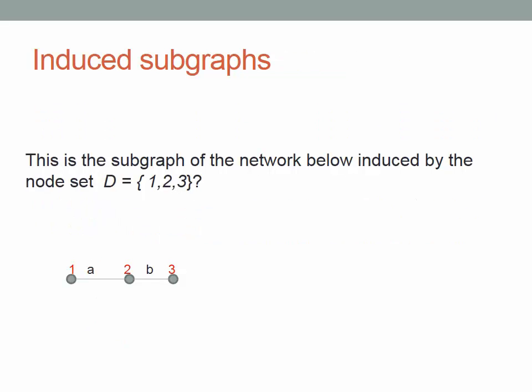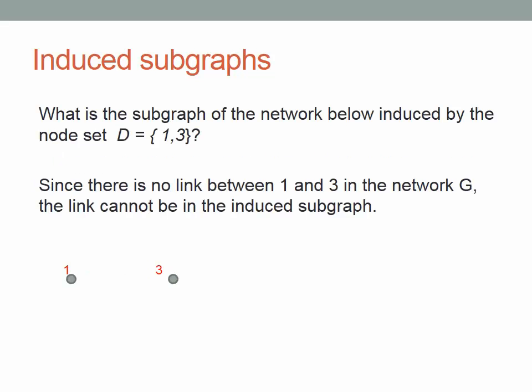For the subgraph where we have the set D consisting of the three nodes 1, 2, 3, we pick up the edges A and B, since A is incident to 1 and 2, and B is incident to 2 and 3. And this is the subgraph induced by the node set 1, 2, 3.